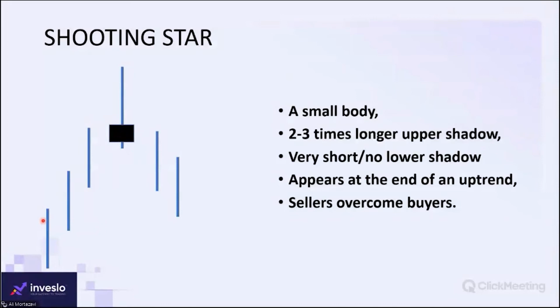Or let's say, for example, here for the shooting star, we see at the end of an uptrend the buying forces are fading. That caused the formation of this short body here. But also we have an upper shadow 2 or 3 times longer. Why?